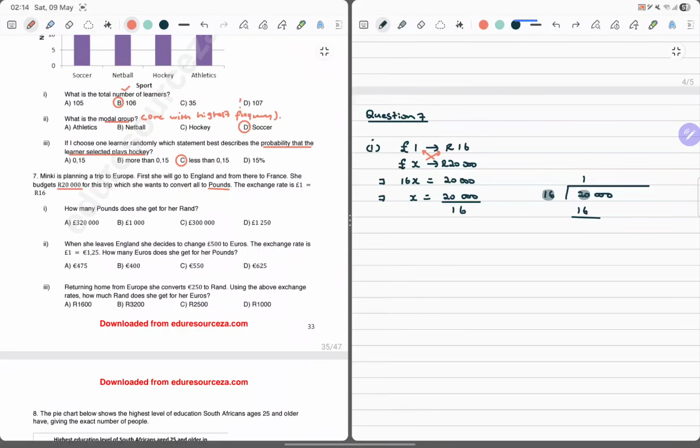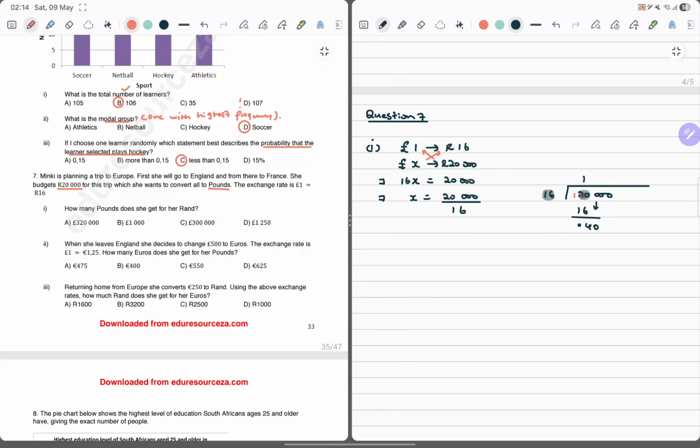First, we borrow 1. We leave 1 here, and then we have 10 on the other side. So 10 minus 6 is 4. We always start from the units, then to the tens. 1 minus 1 is 0. And then you drop a 0.